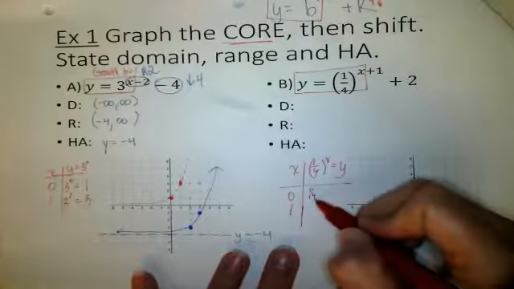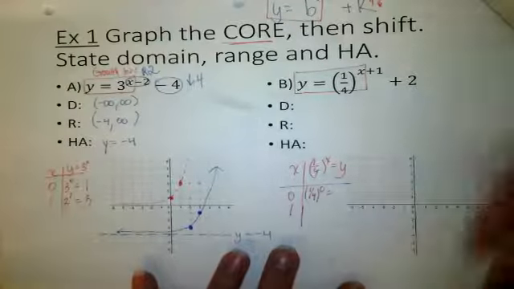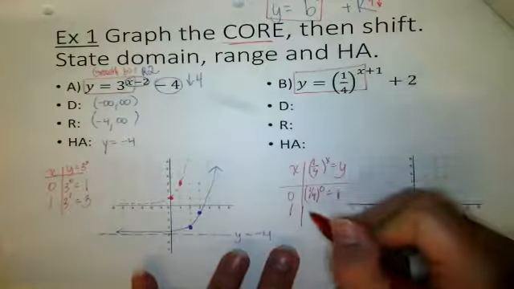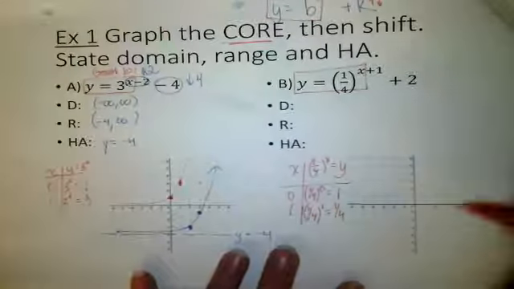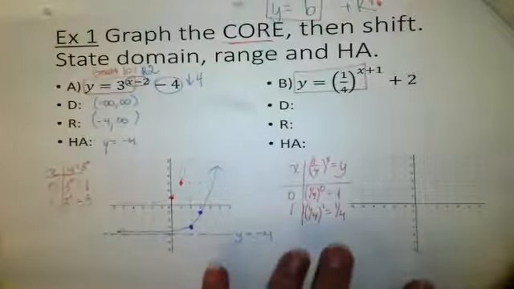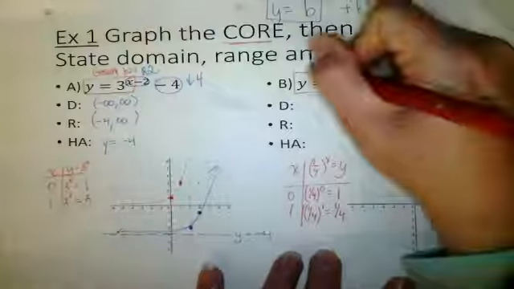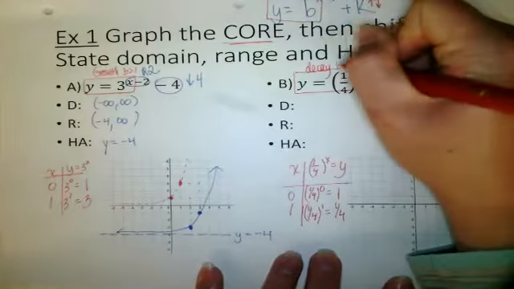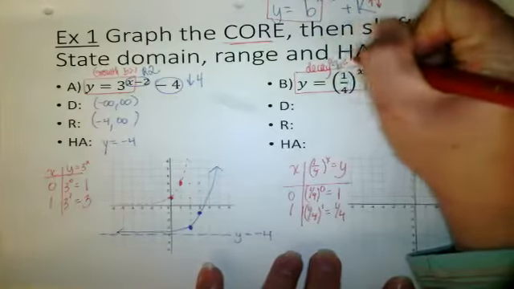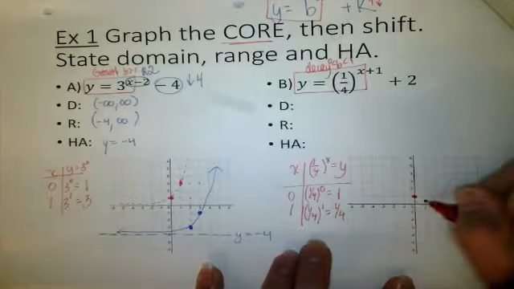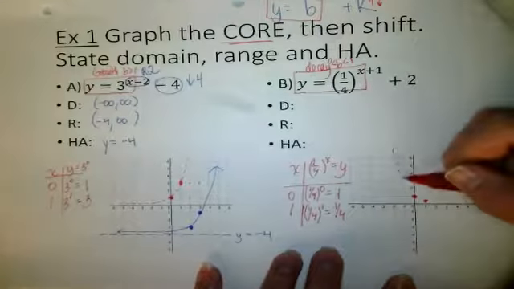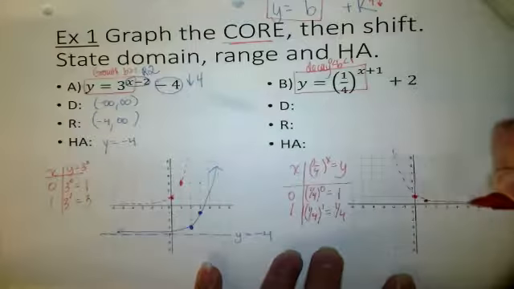What is 1/4 to the power of 0? 1 every single time. What's 1/4 to the first power? 1/4. Is this exponential growth or exponential decay? This is decay because b is between 0 and 1. So we have 0, 1, and 1, 1/4. So this is the decay graph getting closer to 0.